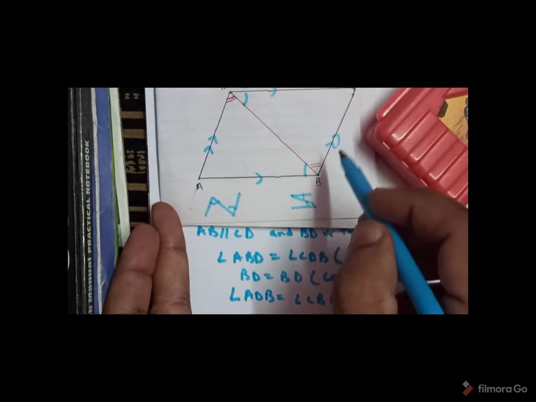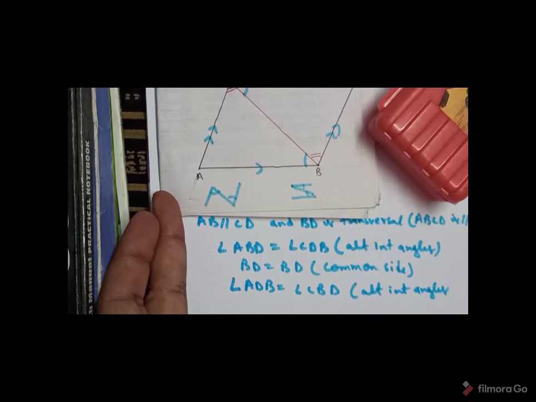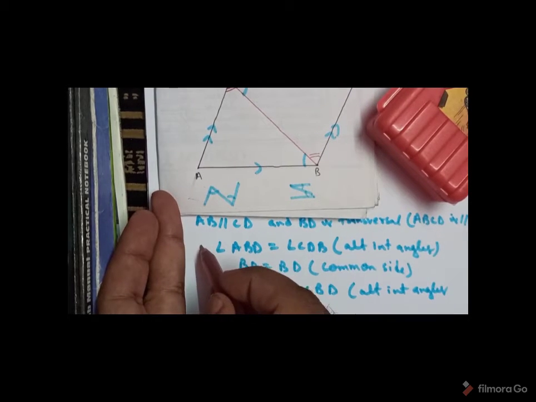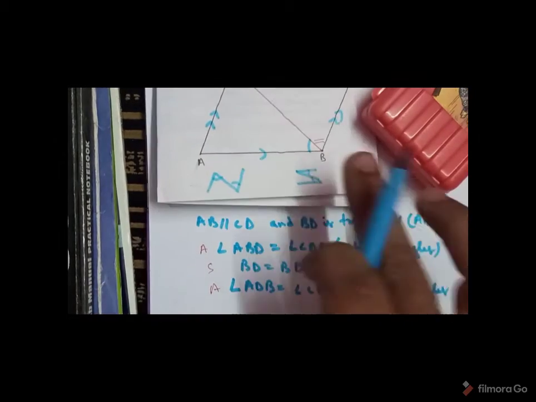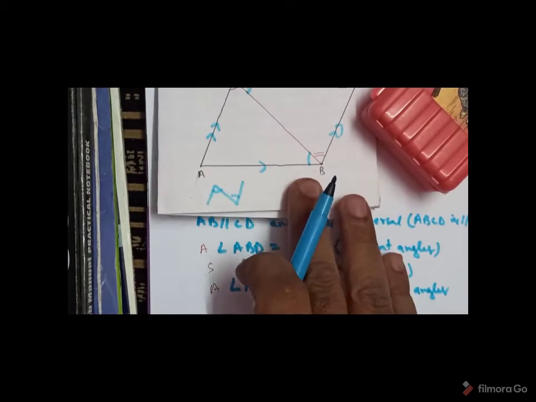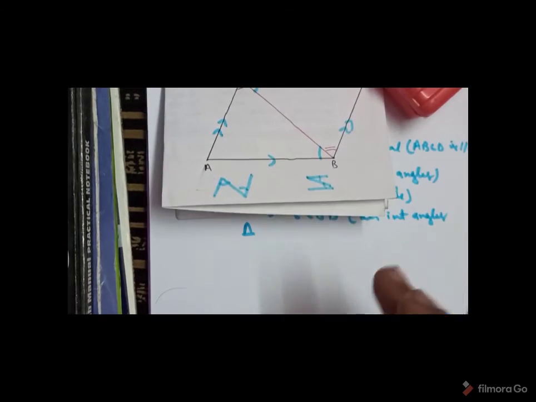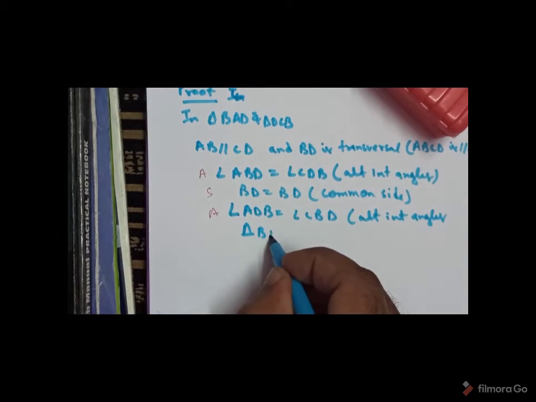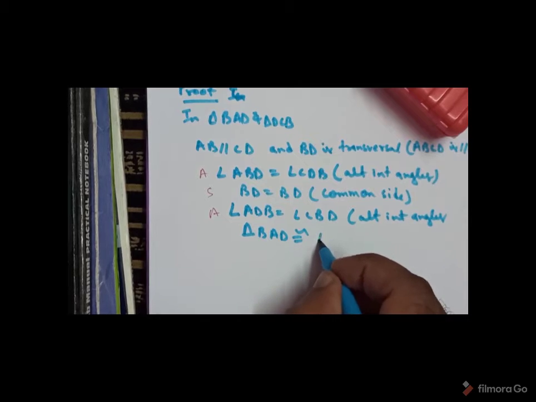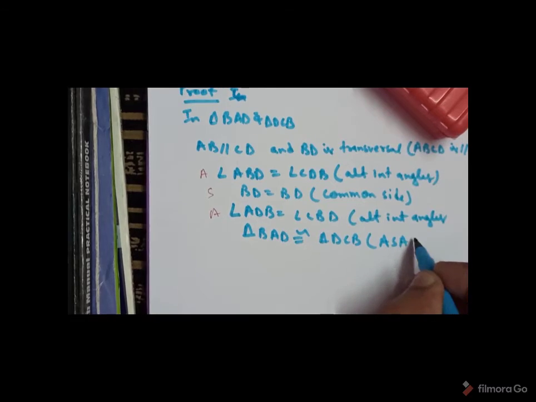ADB and CBD are again alternate interior angles. So we can say that by angle side angle congruence, triangle BAD is congruent with triangle DCB.